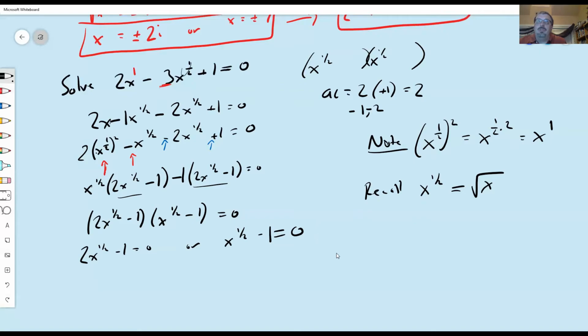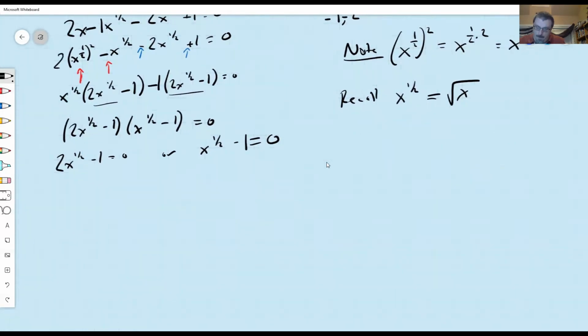All right, let's scroll up here so I have some more space. So 2 square root of x minus 1 equals 0, and square root of x minus 1 equals 0. And when we solve this, we're going to get the square root all by itself. So plus 1, plus 1: 2 square root of x equals 1. Since it's 2 times the square root, we're going to divide.